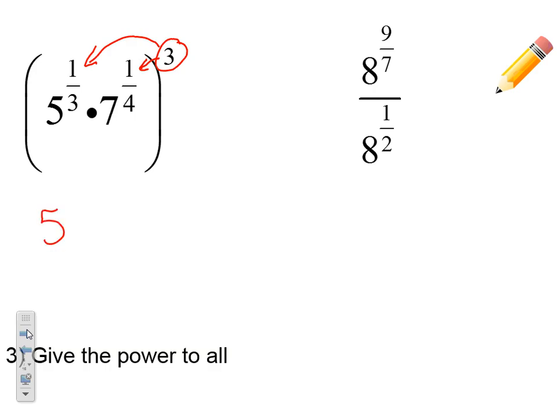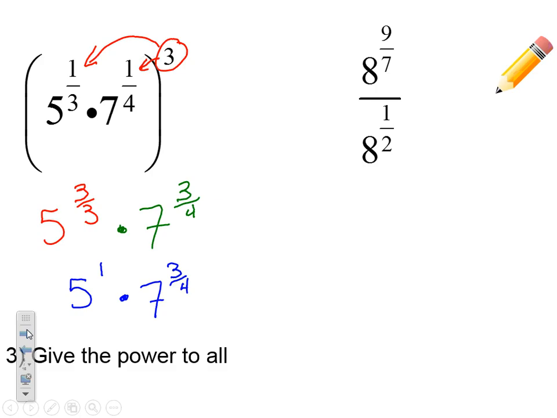If I take 3 times 1/3, I'm going to get 3 over 3 times 7, and I'm going to get that to the 3/4 power. Now I can simplify this one here, so I'm going to rewrite it as 5 to the first power, or just 5, times 7 to the 3/4 power. Okay, so we have to give the power to all.